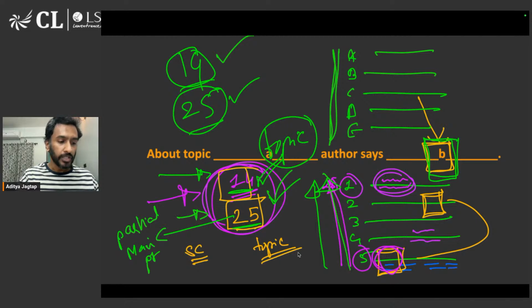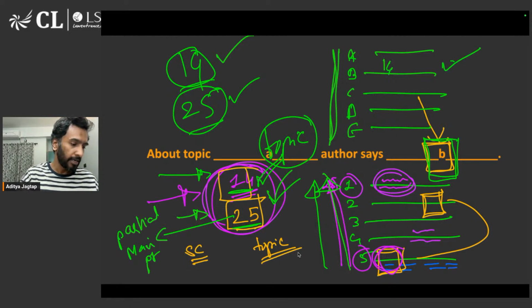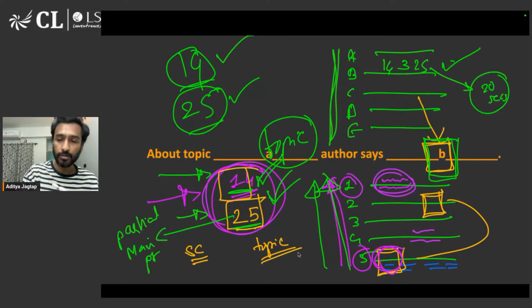Mind you, if you see B has 1 4, and 2 5 also, and let's say it's 1 4 3 2 5, don't immediately jump to a conclusion at this stage and mark that as your answer. It'll take only 20 seconds, and an important 20 seconds, because your accuracy can be 100% for the question then.